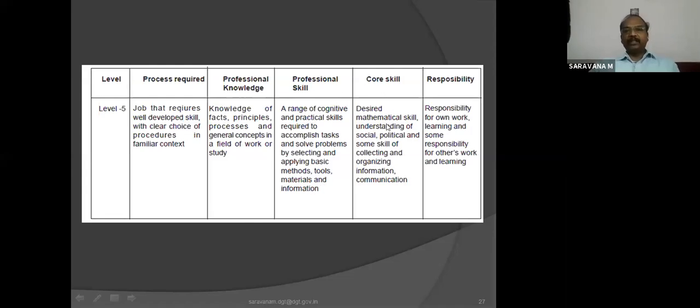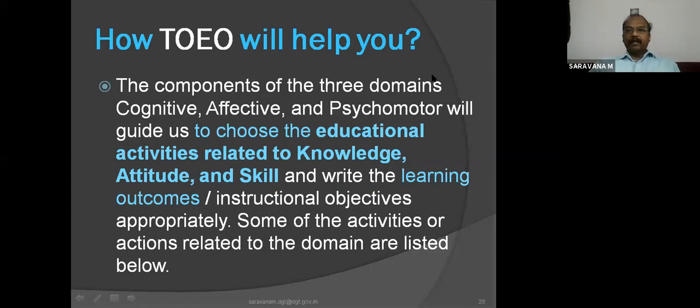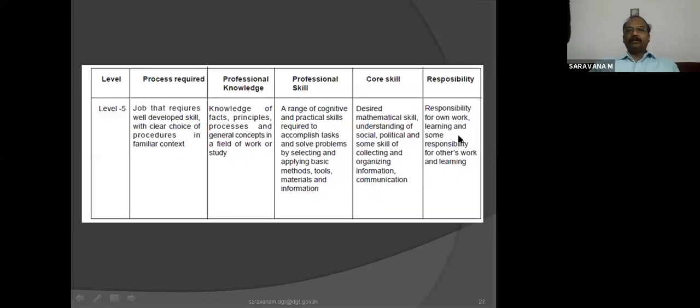And core skill is some other additional mathematical skill and soft skills and all. And responsibility, and he will be able to perform as a responsible technician or mechanic, whatever the related trade. So these are the domains and the levels and the performances.